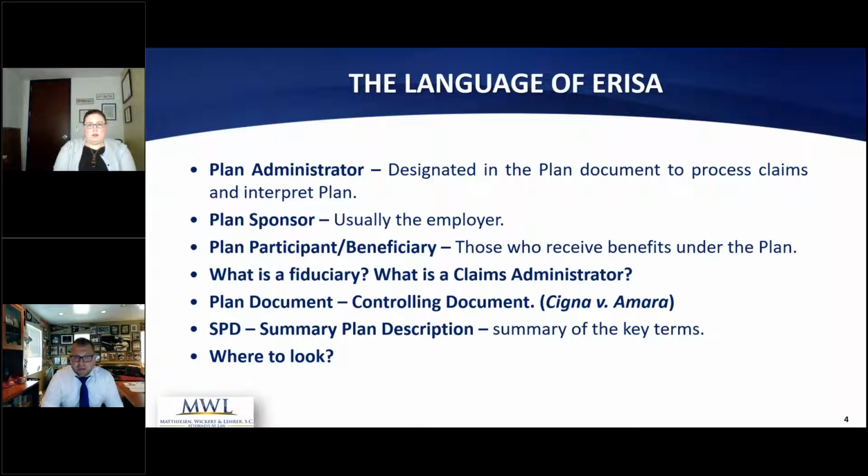It's going to really turn on what the entity is doing, whether they have discretion to make decisions regarding plan assets. So Ryan, do fiduciaries have to agree in writing in some document or contract that they're taking on fiduciary responsibility? They don't have to.